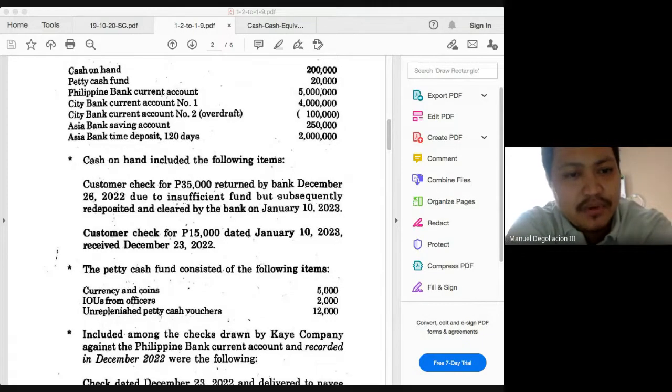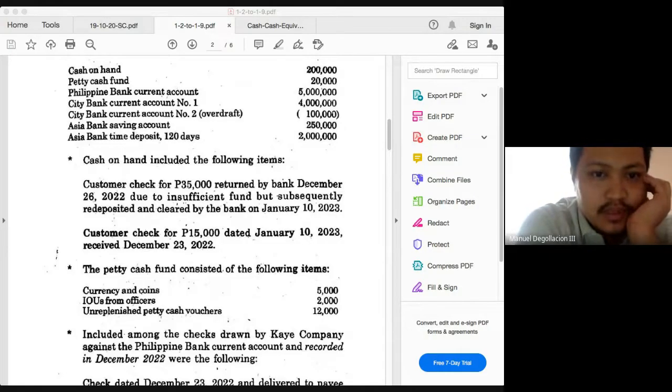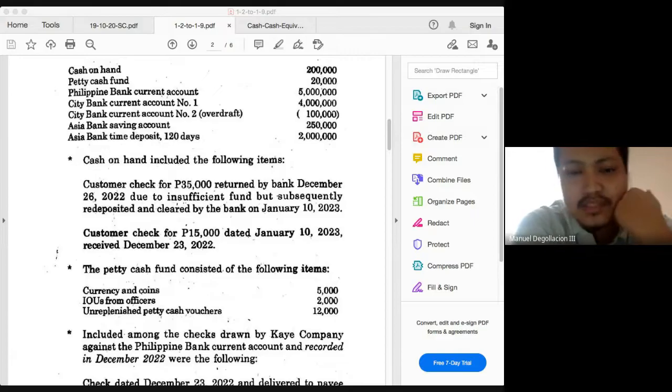So as of December 31, 2022, the check remains unfunded. So again, it will be wrong for us to include this in our cash balance. And with that, class, I want you to be careful because there are some problems that will tell you that it was deposited on December 5 and it turned out to be not funded and later on deposited and cleared by the bank on December 28, end of the year.